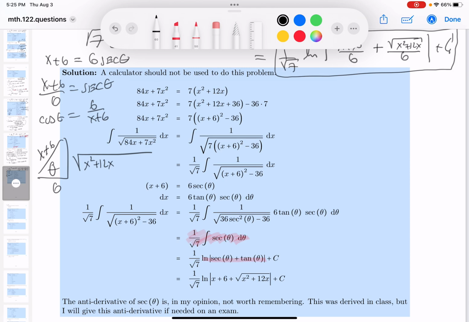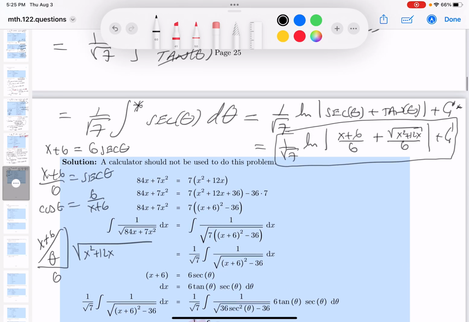They most likely write the answer that I have over here. Let me just go through it for you, though. What are you going to get over here? This is going to be 1 over root 7, ln of (x plus 6 plus the square root of x squared plus 12x) over 6, plus c. What do they do now? Use the rules of log.